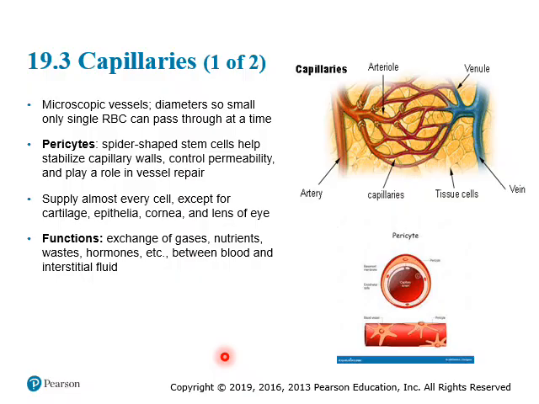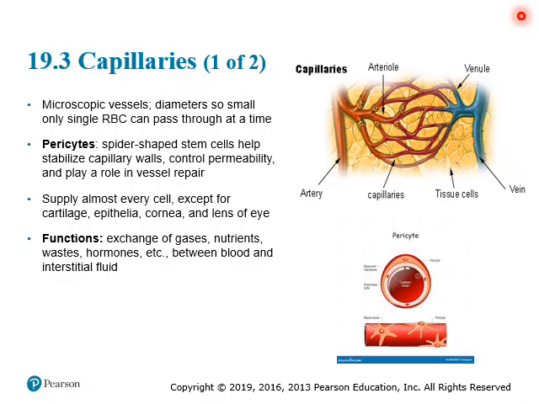Your capillaries are microscopic vessels. The diameters are so small that only a single red blood cell can pass through at a time. The walls are just a thin tunica intima, like the endothelium in the smallest vessel. One cell forms the entire circumference.